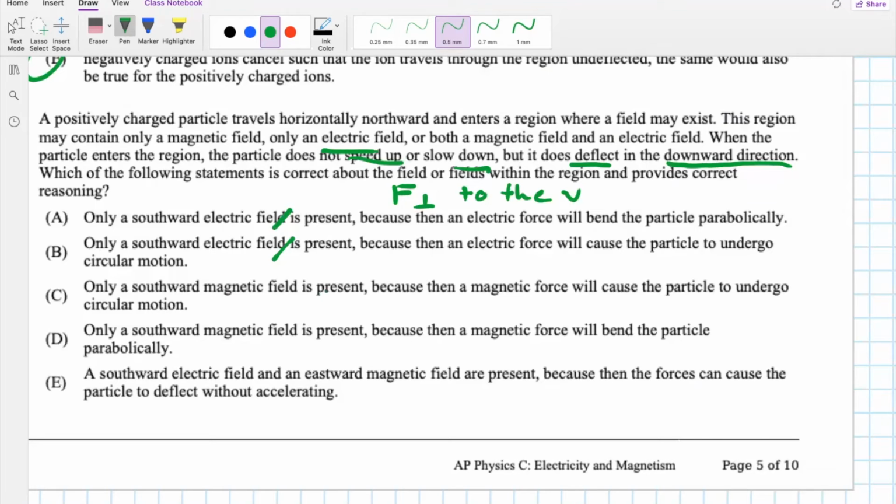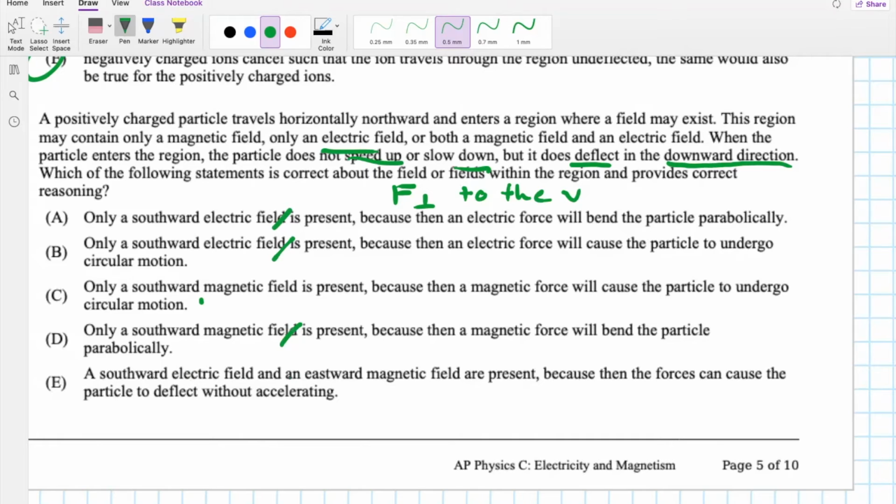Only a southward magnetic field is present because the magnetic force will cause the particle to undergo circular motion. I just don't think it's perpendicular to the velocity. So that's my main concern. It's not going to feel the force when the field's not perpendicular to the velocity component. Only a southward magnetic field is present because the magnetic force will bend the particle parabolically.